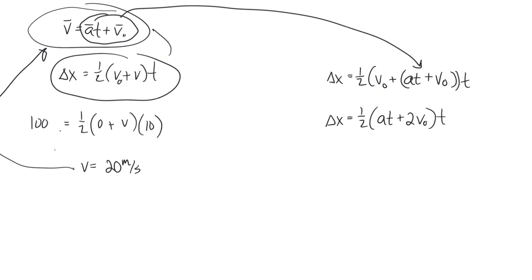And I'm not happy with this either. I'm going to go ahead and distribute on both sides, because I can distribute the t and I can distribute the 1/2. So I'm going to do that next. I distributed the 1/2 first, and now I'm going to distribute the t.